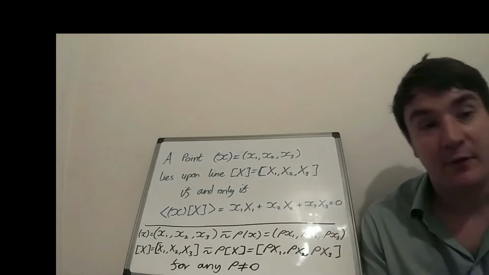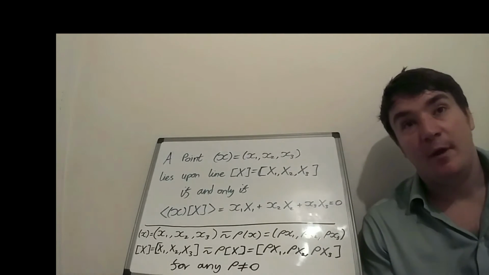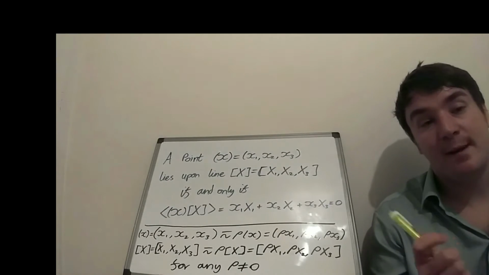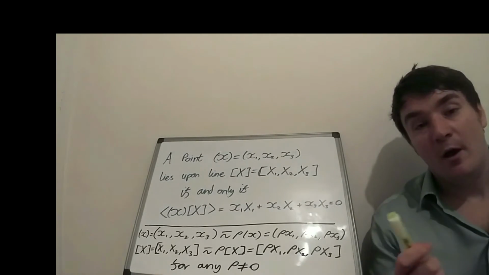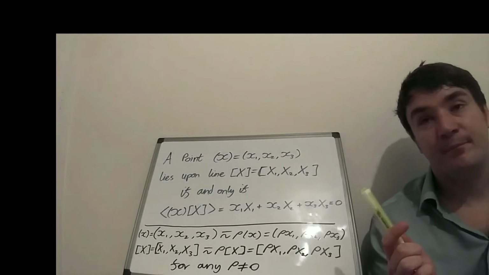One of the reasons I like homogeneous coordinates so much is that you need so little foundation in order to be able to quickly get to a great deal of the results from projective geometry.